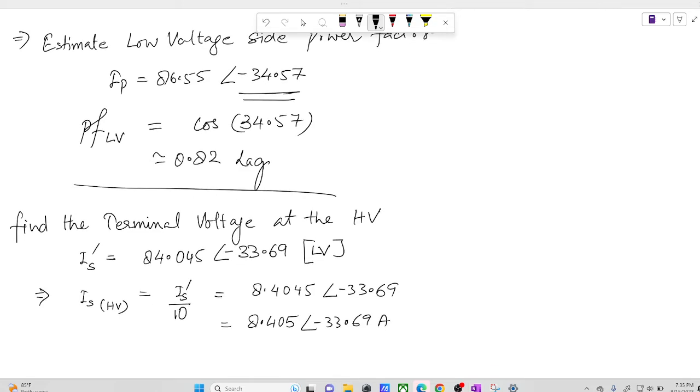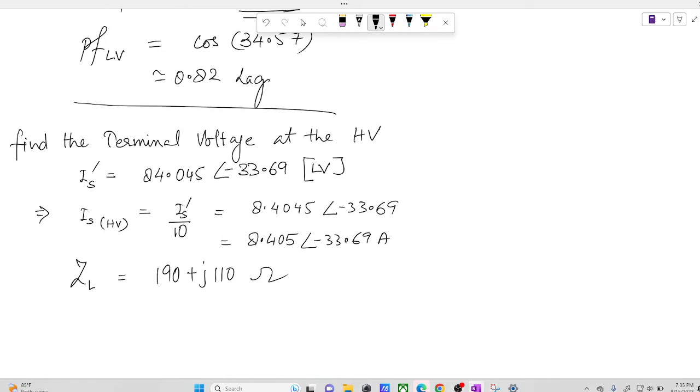Now your load is given as ZL, 190 plus j110 ohms.